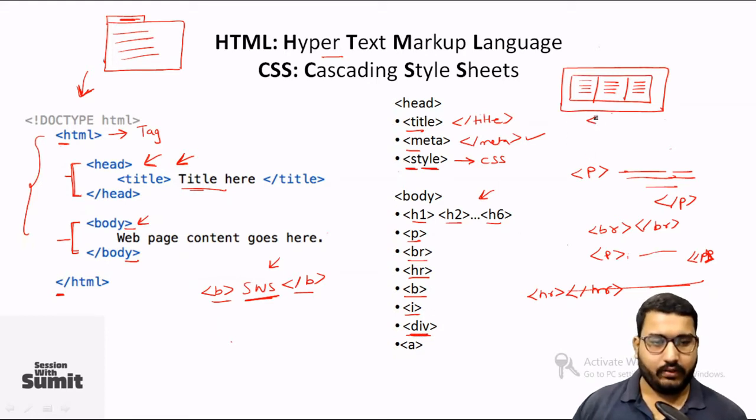So first of all, you need to write div and then slash div. So this will create your first container. Then within this you need to have 3 containers. So div, then slash div, and within this you can write your paragraph. Then again div slash div.